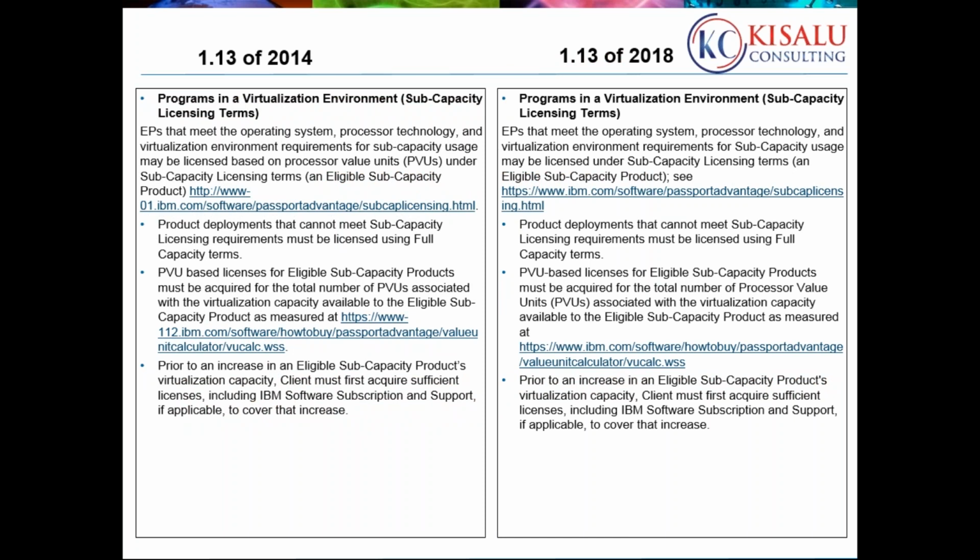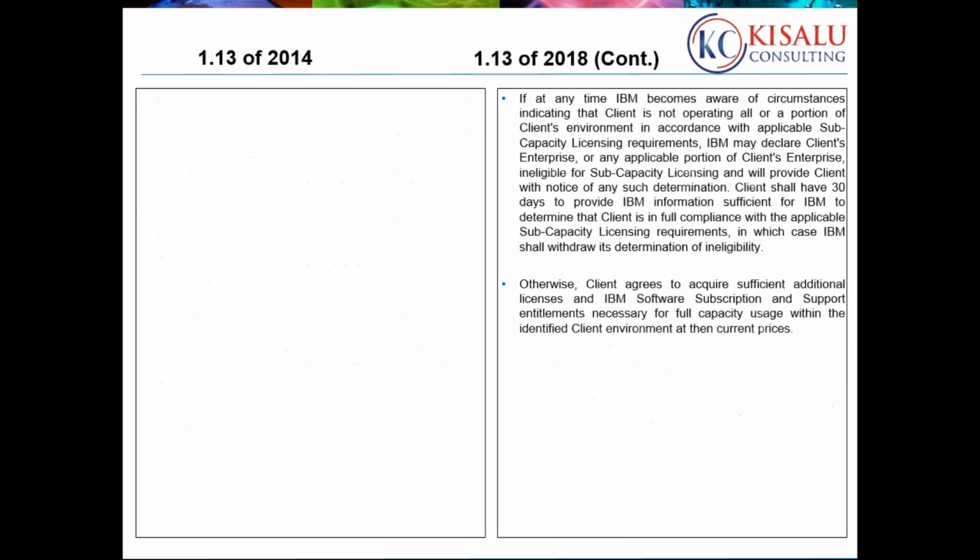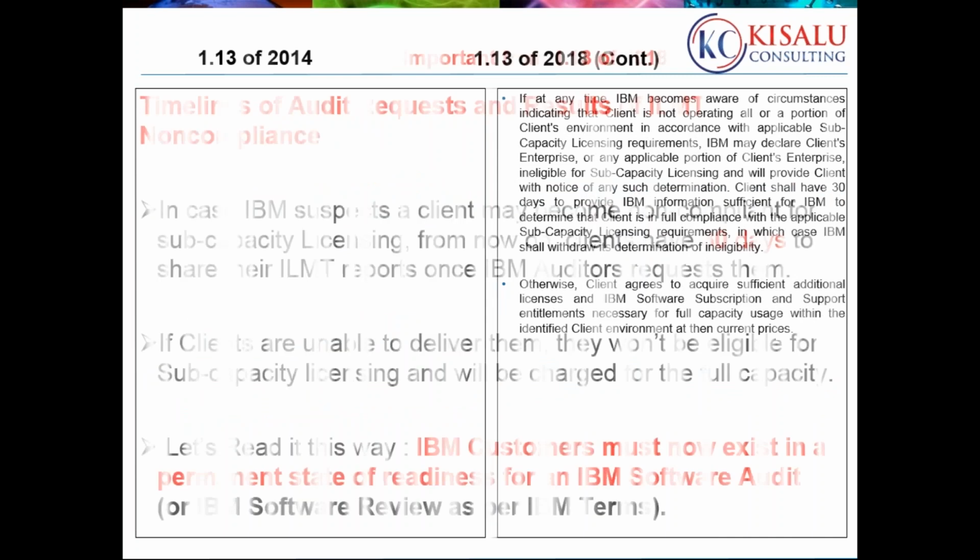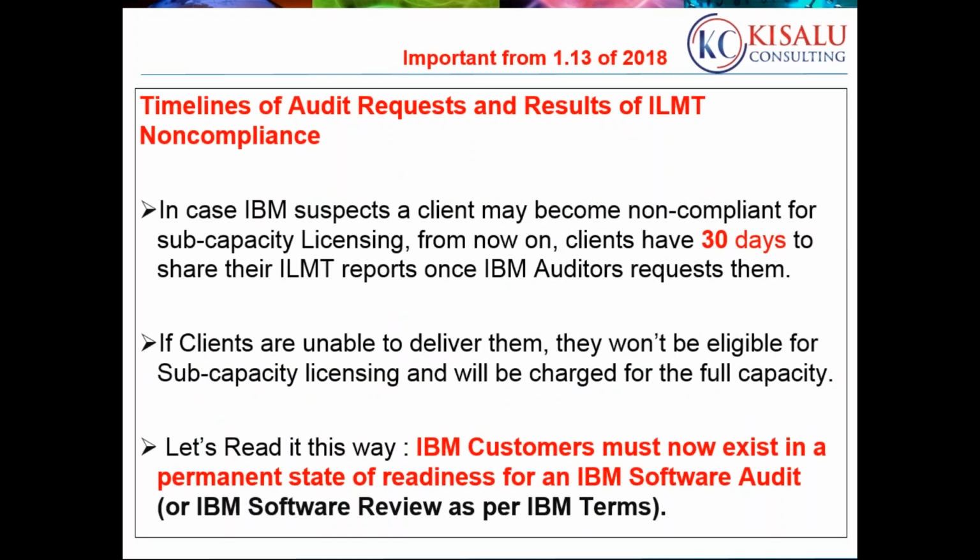Then the next one is 1.13. You can see the size as well. That one also increased on the right hand side, and we've drawn from 1.13 of 2018 that the timelines of audit and results of ILMT non-compliance are stated there. What is new is that in case IBM suspects a client is not compliant and they want a software review, the client will have 30 days to share the ILMT reports whenever IBM or the IBM auditor requests them.